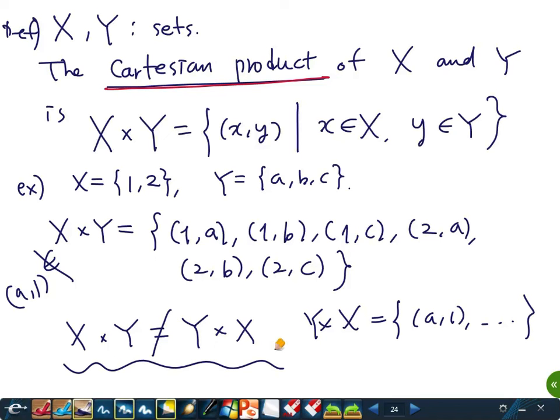So they are different. You need to remember this. And, okay, the Cartesian product is an operation defined on two sets. Do we always have to have just two sets? Or can we extend this definition further? We can extend this definition, of course. We can have many sets, and then we can take the Cartesian product of many sets. So suppose we have n sets, A1 through An.